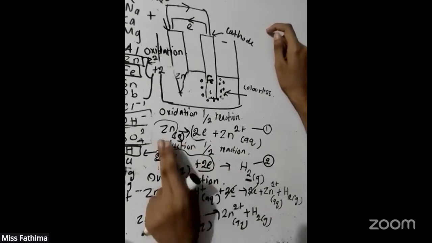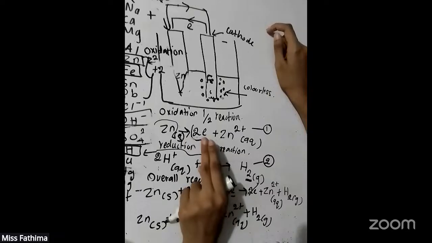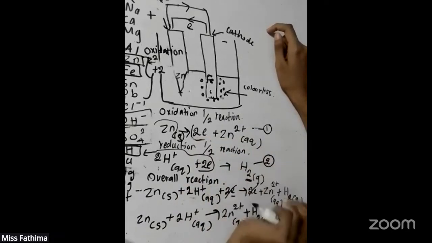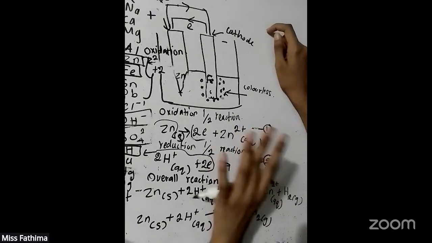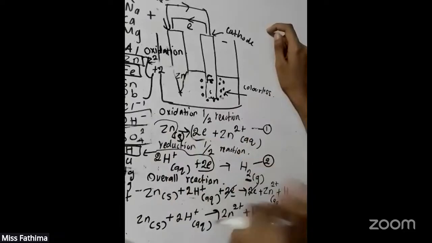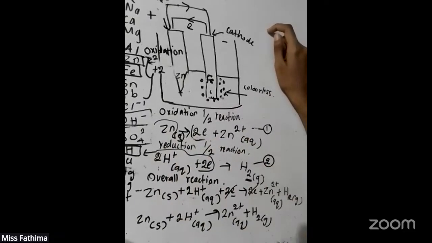The zinc will remove 2 electrons and they will form zinc 2 plus in the aqueous medium. Now what you have to understand, children, is how zinc becomes stable. If they remove these 2 electrons, they will come to a stable configuration. So that is the oxidation half reaction.